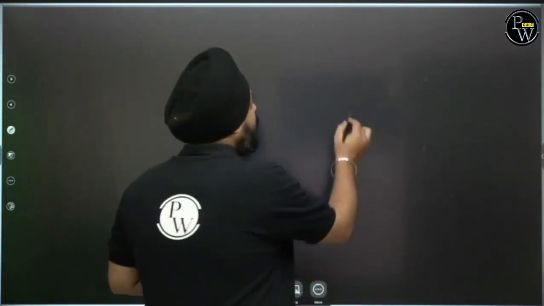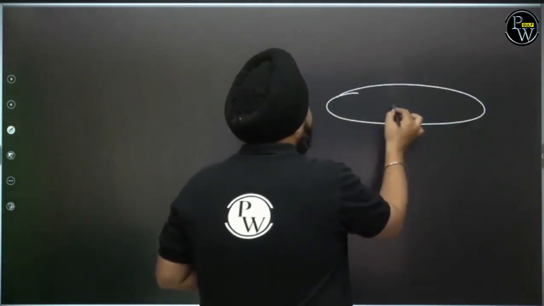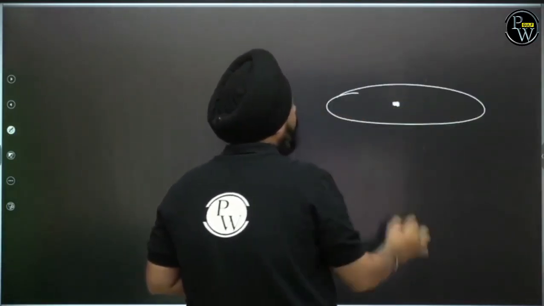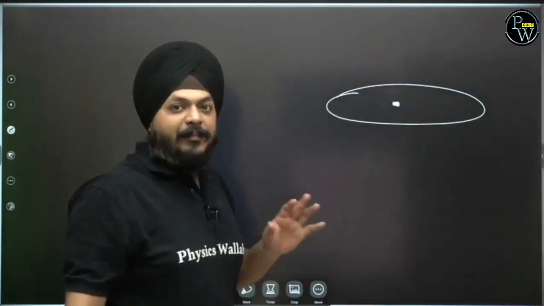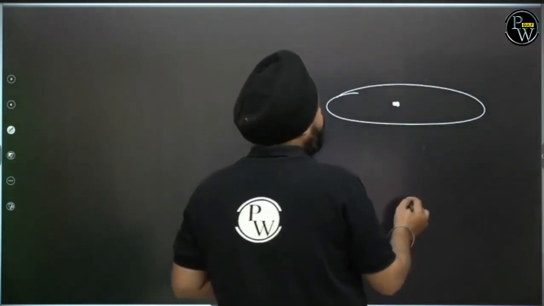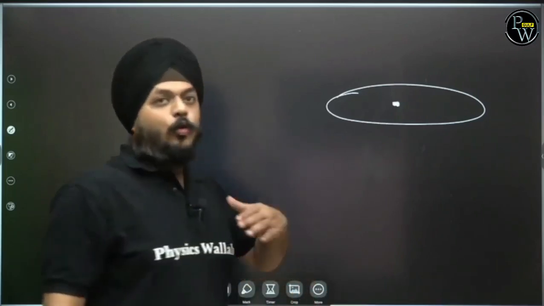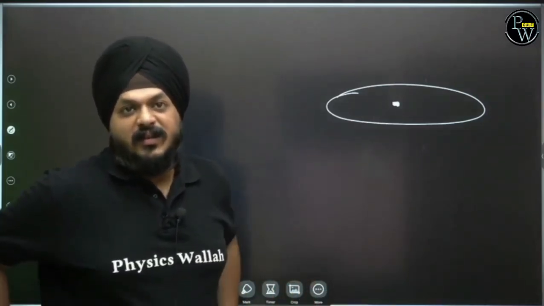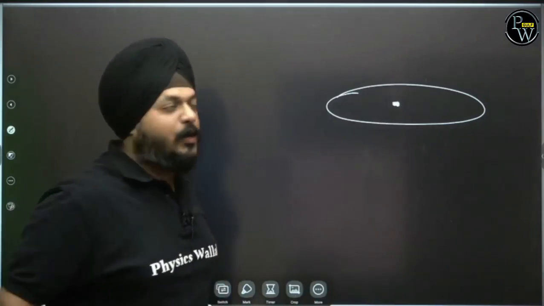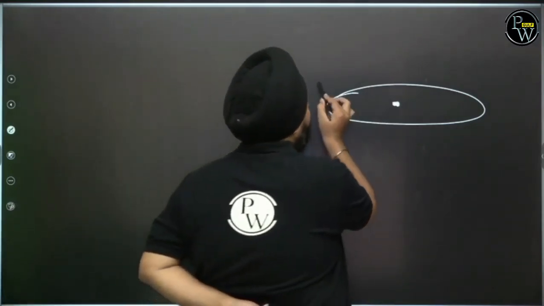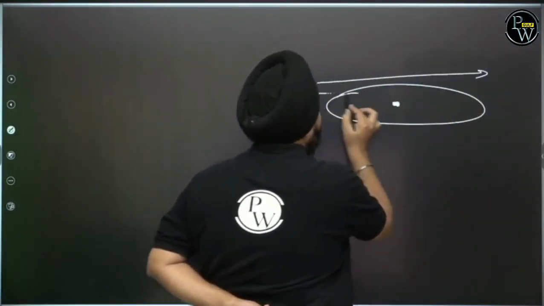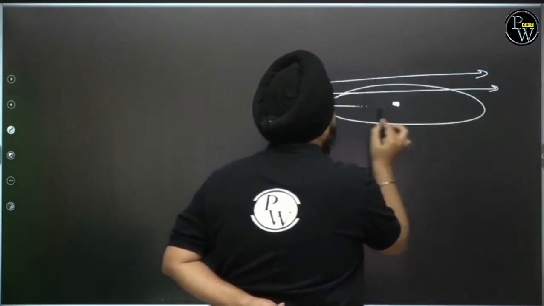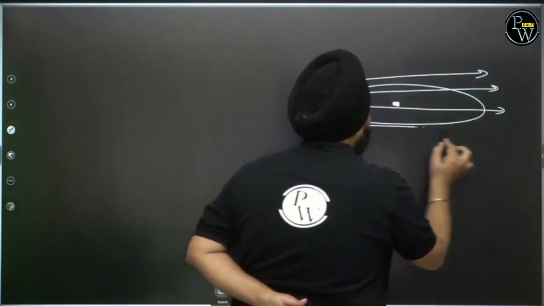See, I am taking an example of a loop. A loop is kept in an external magnetic field, like this, parallel to the plane.